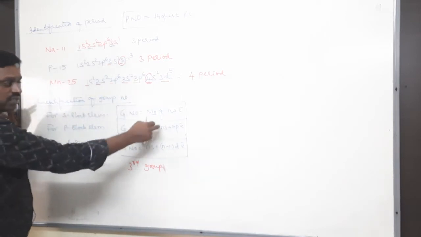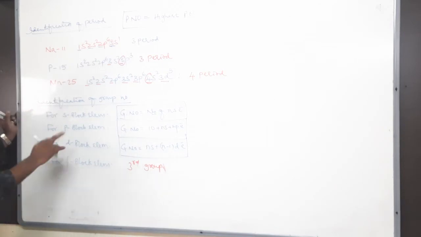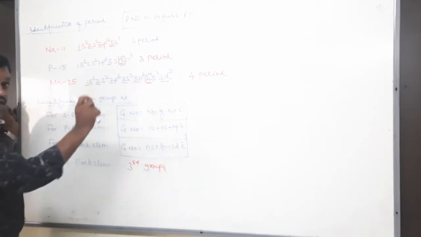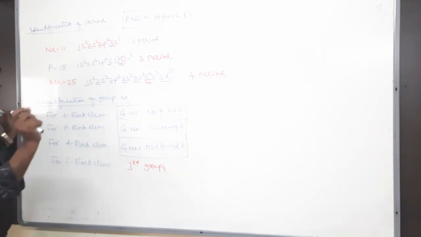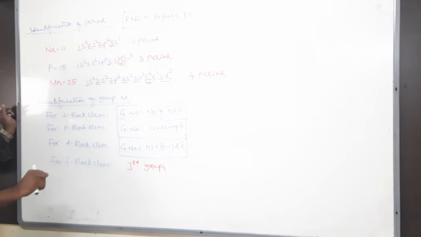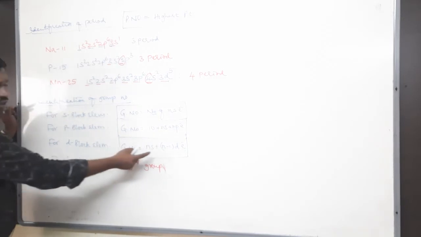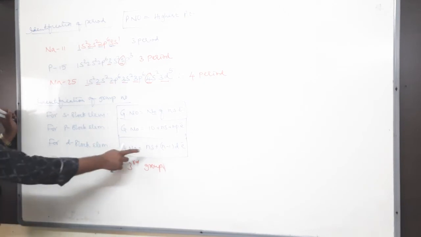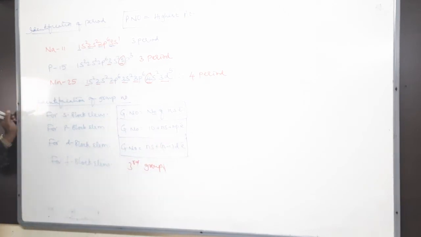For D block element, ns plus (n minus 1)d, because the differentiating electron enters the (n minus 1)d orbital, that is the penultimate d subshell. And F block elements all belong to the third group.